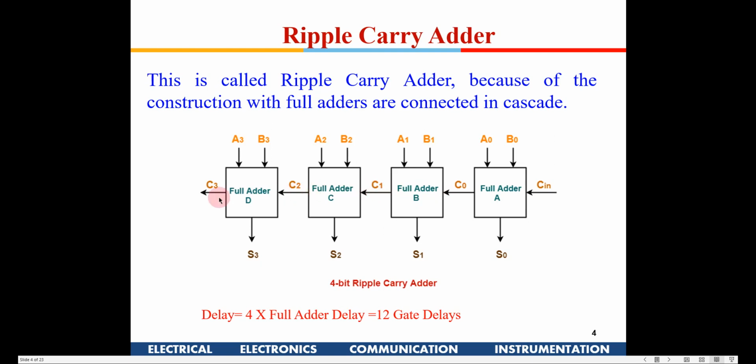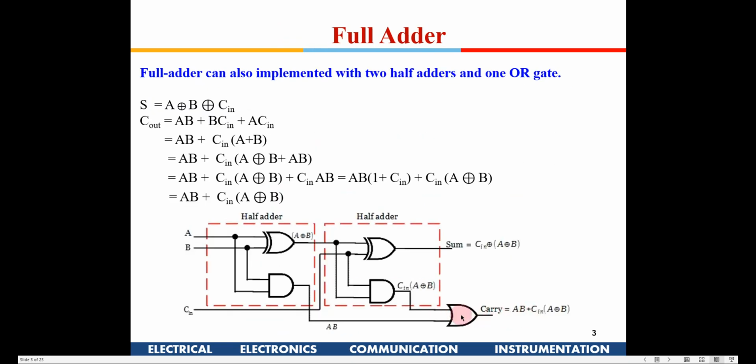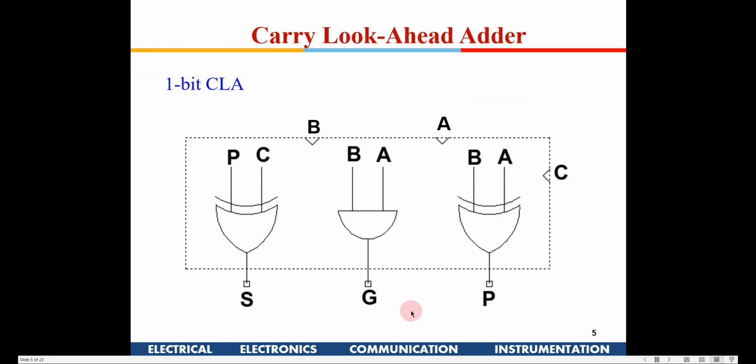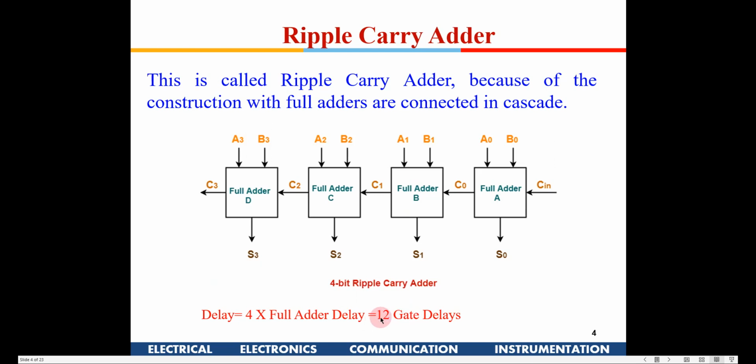That will give an output here. So the total delay, if you see, the carry has to propagate through all the 4 modules. Okay, so it is 4 into full adder delay, and from the last slide we saw the carry is 3 gate delays. So that's why 4 into 3 becomes 12 gate delays. Is it okay? How did we get 12 gate delays for this ripple carry adder?